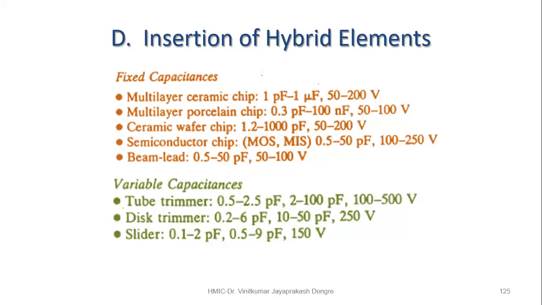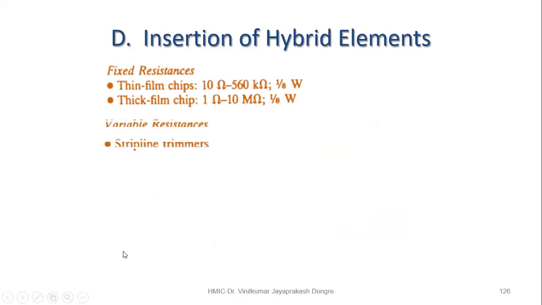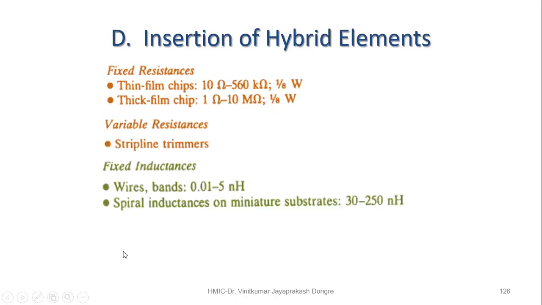So this is the fixed capacitor. In this technology, capacitors of these particular values are available. The capacitance value is given, as well as their voltages. Variable capacitors, which some applications require, are also there. So these are some specific values.